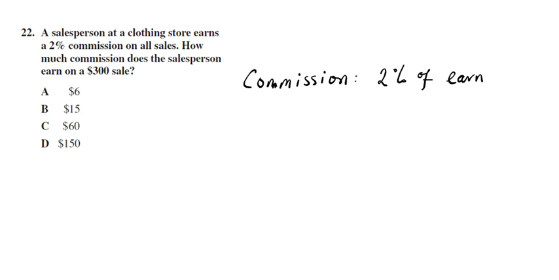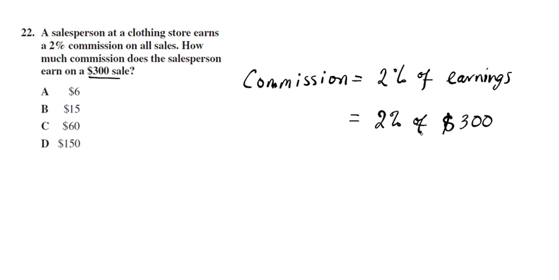What is the earning in this problem? The person earned $300. So 2% of 300 is what the commission is.